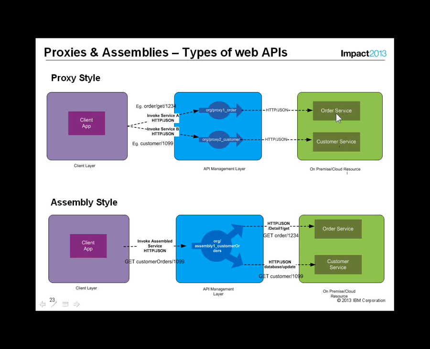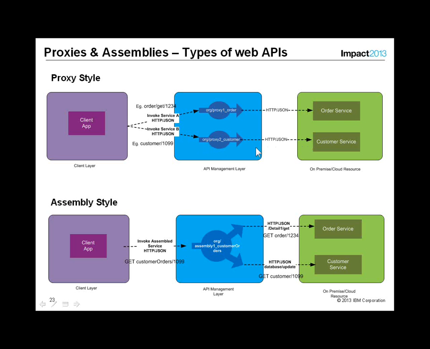Let's say you have an order service that uses JSON as a payload, and you want to proxy that service, expose that service in an API. So that's basically just pass-through.